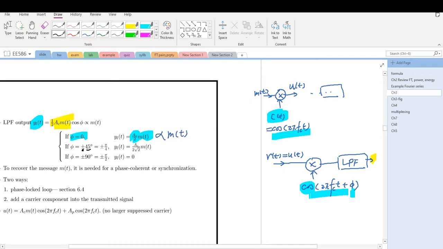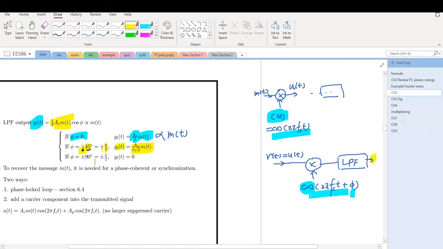What about phi equal to 45 degrees or negative 45 degrees, as in plus or minus pi over 4? Then cosine pi over 4 is 1 over square root 2. So in this case, you can see the message has been degraded by 1 over square root 2, but still okay.